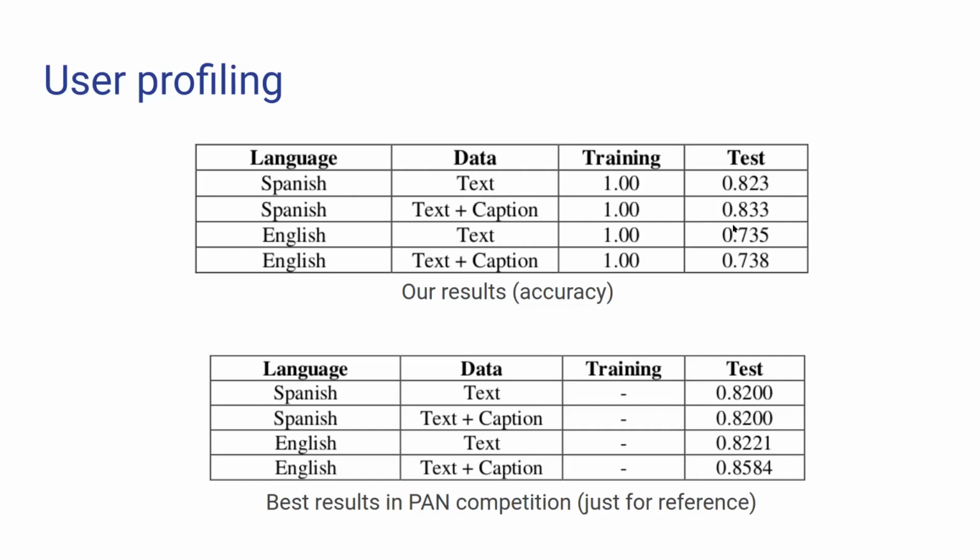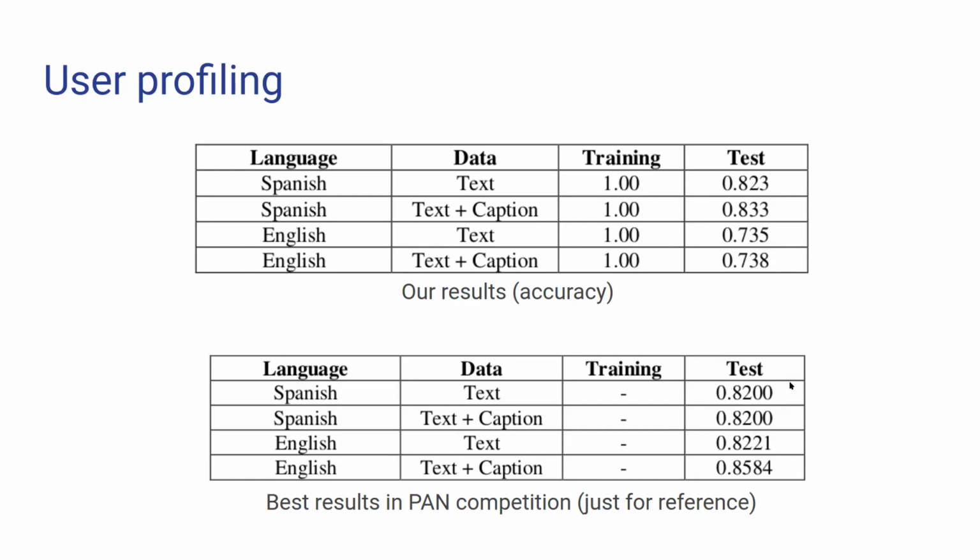And we can see that if we add the information of the image by means of the caption of all the images of the datasets, it actually improves the results for these tasks, at least for the Spanish language, and maybe it's not so good for the English language, but anyway, it is better when we use text and image information.